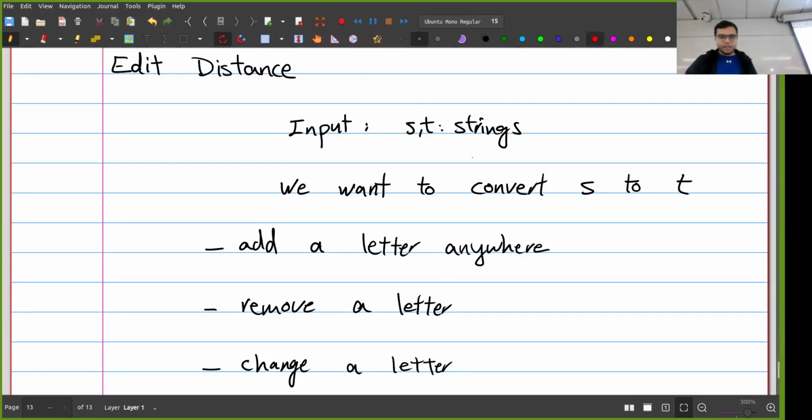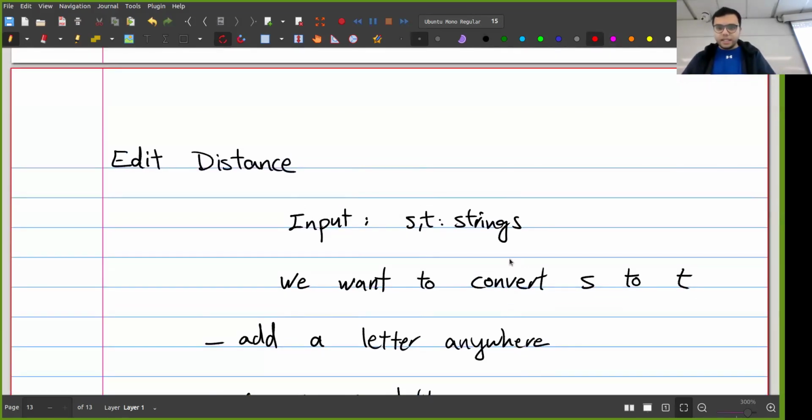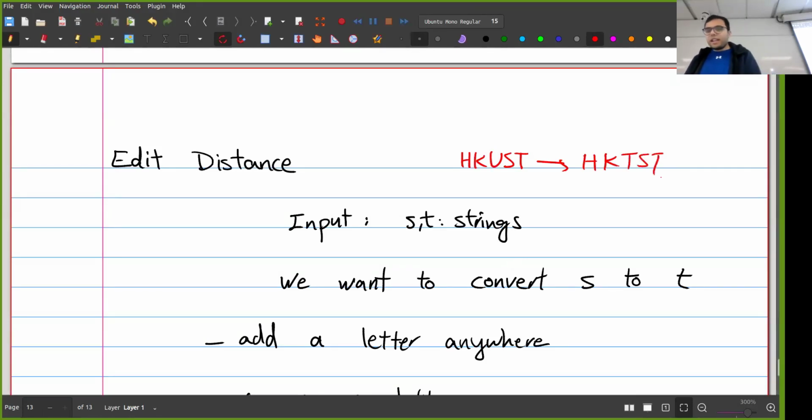As an example, let's say that we have HKUST. I can change one letter. For example, I can change the U and get HKTST. Then I can remove a letter, maybe I remove the K, and I get HTST. And then I can add some letter, again, anywhere that I like. Maybe I do HOTST.